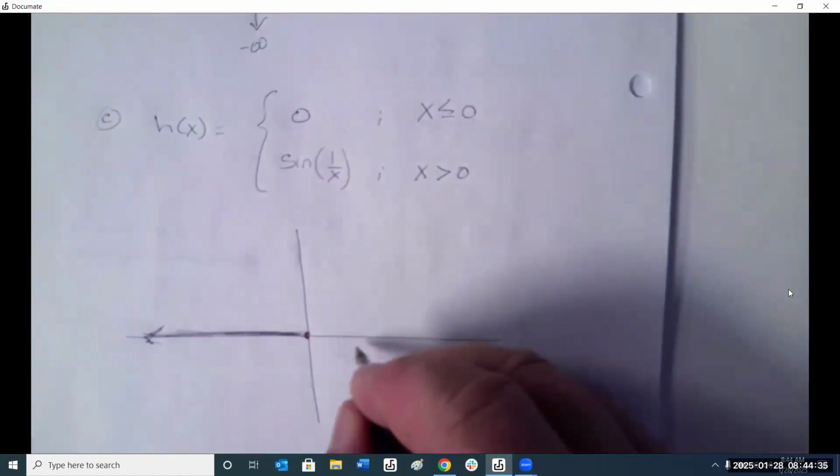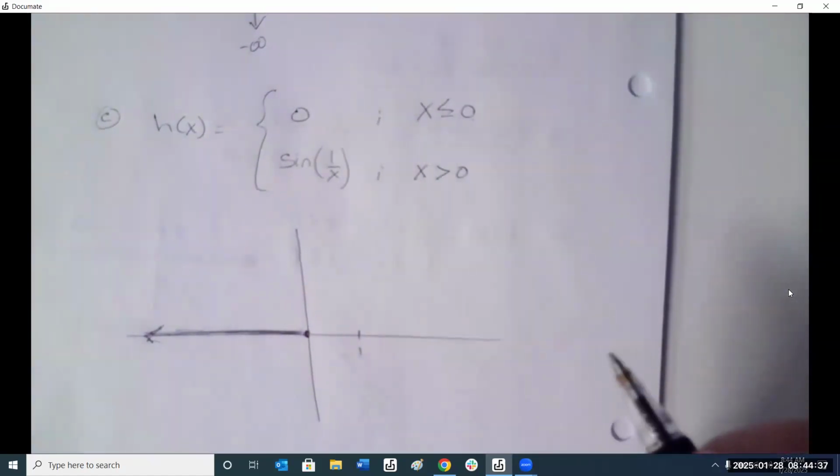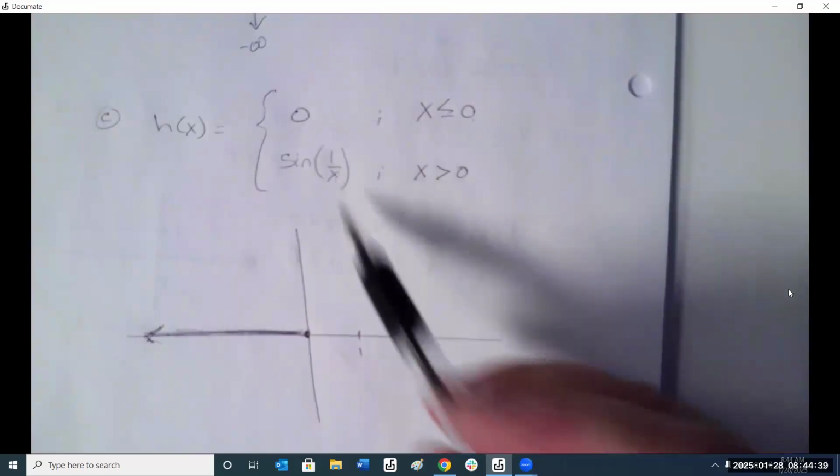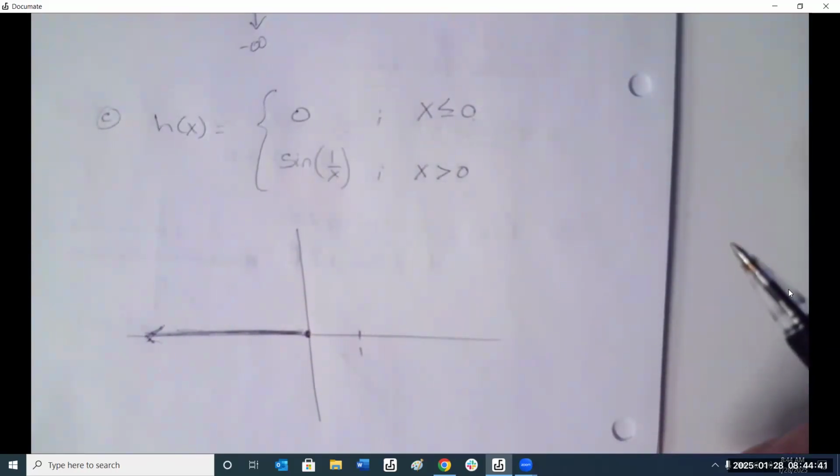Because remember, what is the sine of 1 in radians? Yeah, it's just the first third. So take pi divided by 3, you get 1.07 or 1.04.